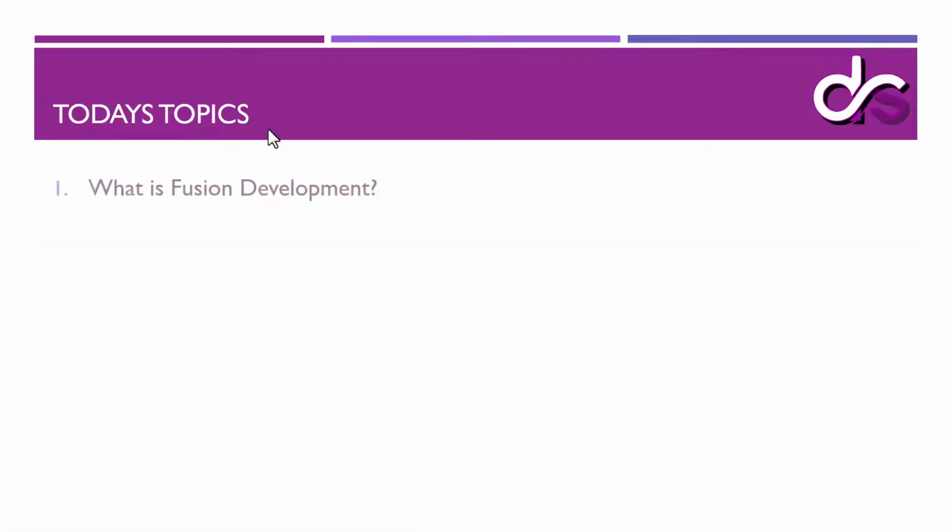So today's topics that we're going to cover is what is Fusion development. We're not going to go too deep into it, but just give you a good solid understanding of what that is. And then we want to talk about the low-code adoption barriers that are oftentimes considered within an organization. They try to weigh the pros and the cons, and as a result, there may either be adoption within the organization or there won't be adoption.